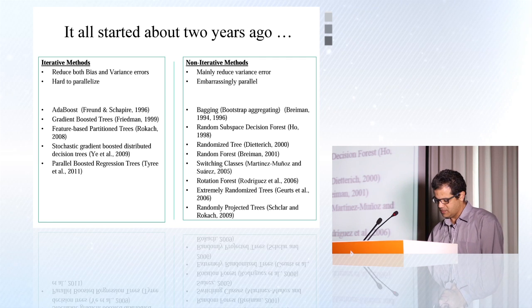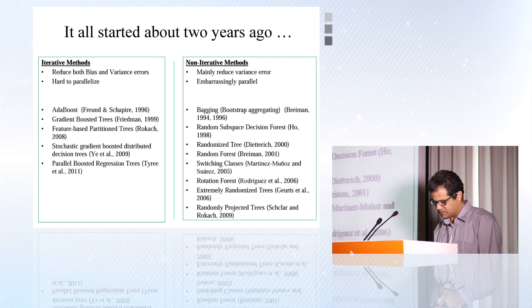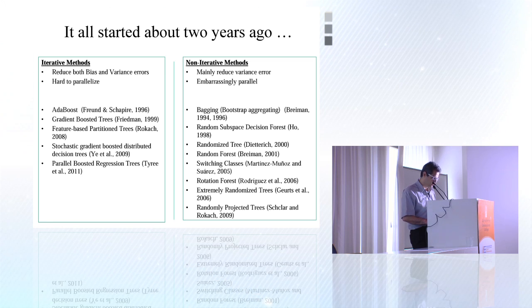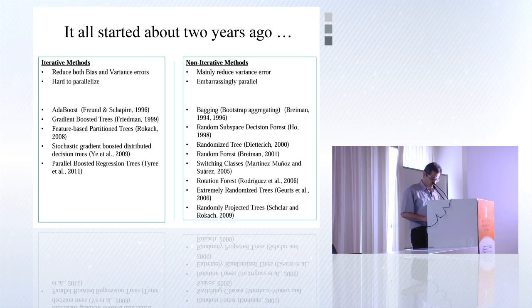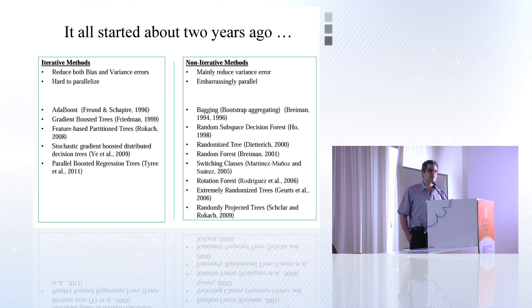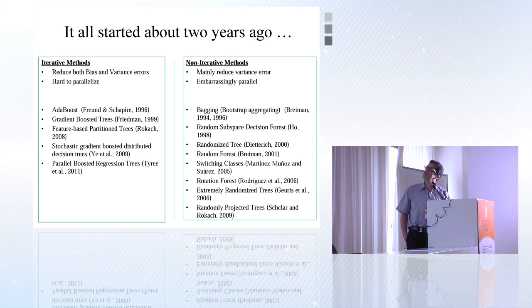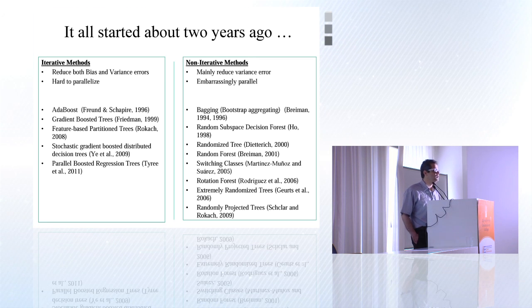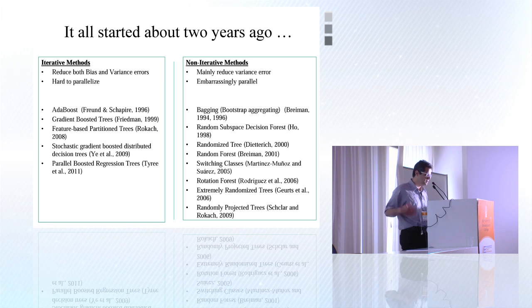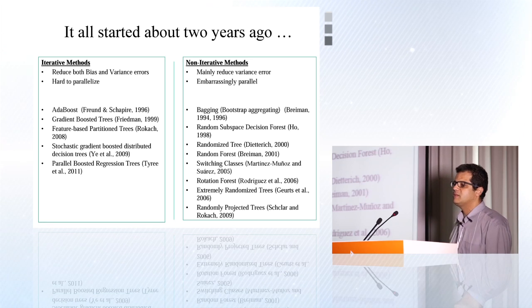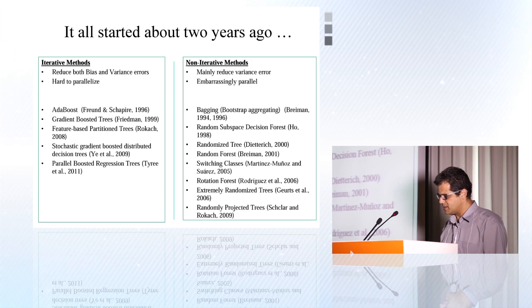Although, as you can see here, there were several attempts in the literature to distribute them using the MapReduce framework. On the right side, you can see the parallel methods, which include random forest, boosting and bagging and so on, which try to reduce only the variance error, not the bias error, but they have the advantage that they can be very easily distributed, for instance, in Hadoop clusters.